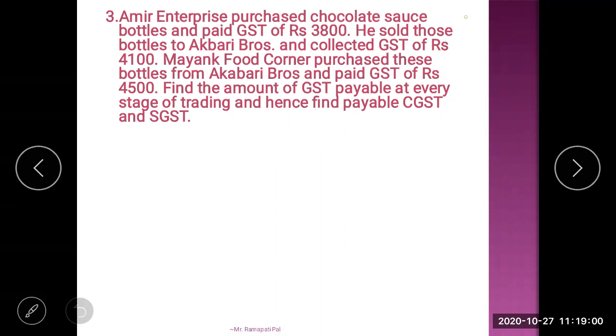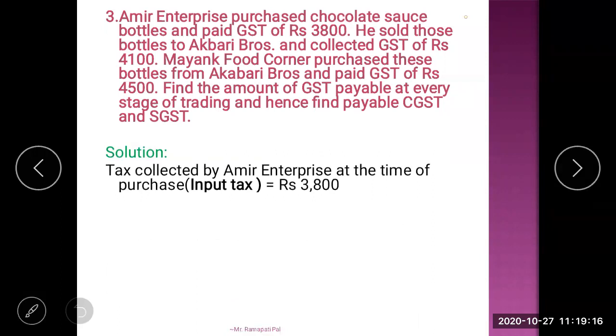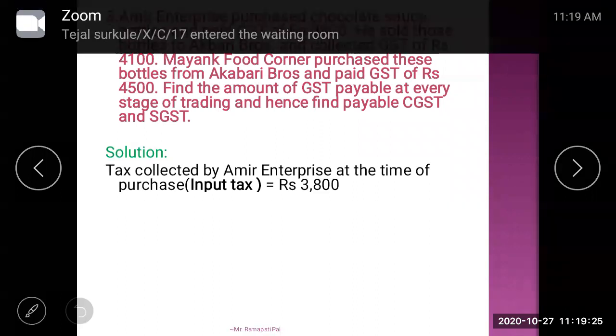Now here, if you remember, for output tax you will need to pay a little attention. I will remind you when the question comes, so don't worry. Let's see. Tax collected by Amit Enterprises at the time of purchase is input tax, because first of all Amit Enterprises purchased the chocolate sauce, correct, na? So if a purchase is there, then it is input tax.